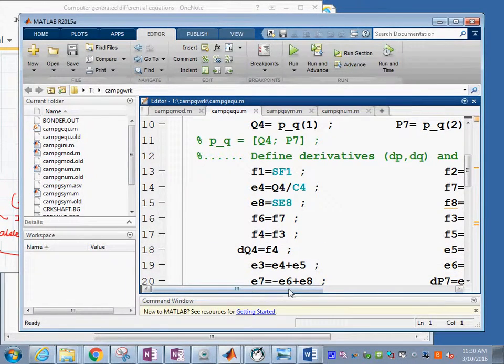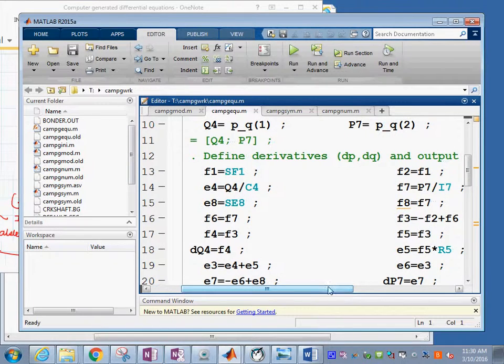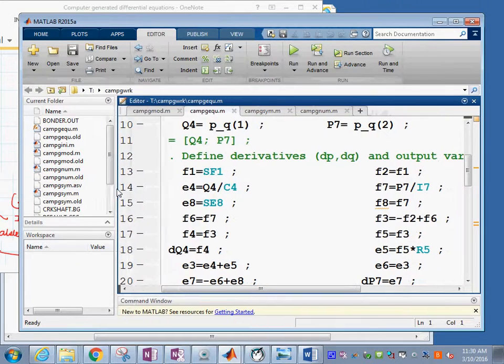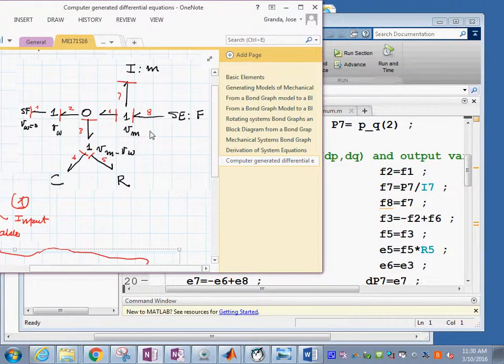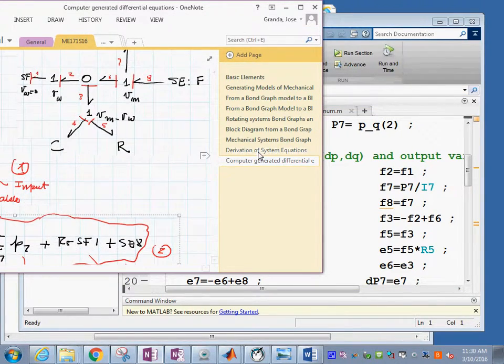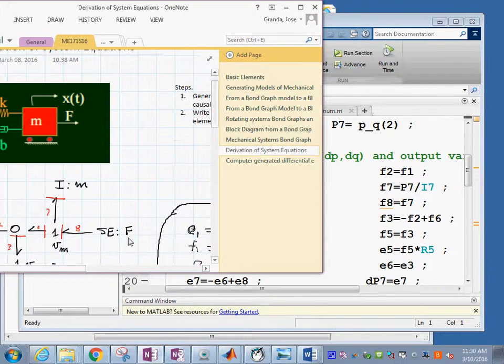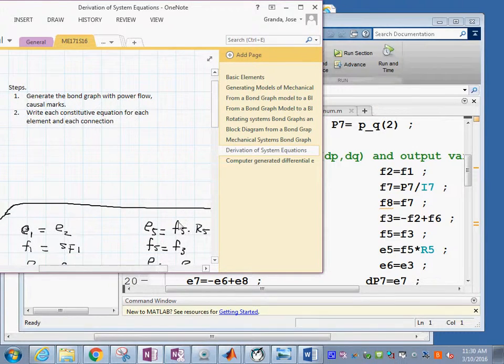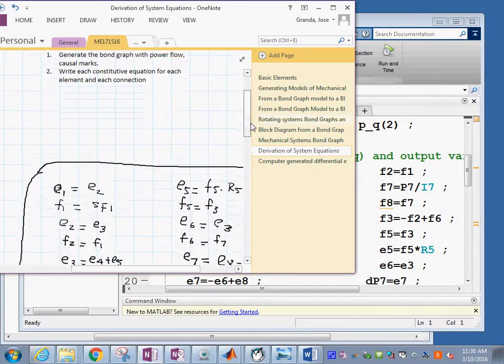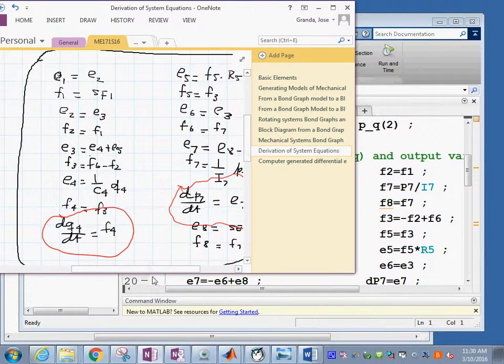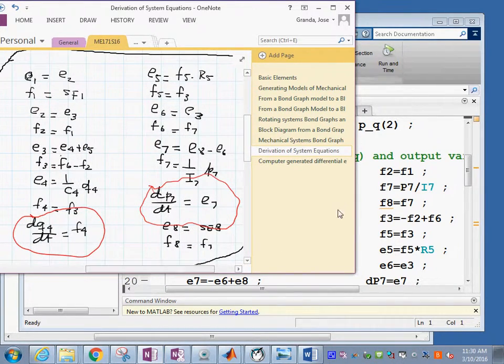These ones right here, see? These equations, you see where it says dq4 is f4, f4 is f3, like this, and you have f1 is sf1. See, this one right here is this one right there, and so on. So all the equations you have, you see it in here.